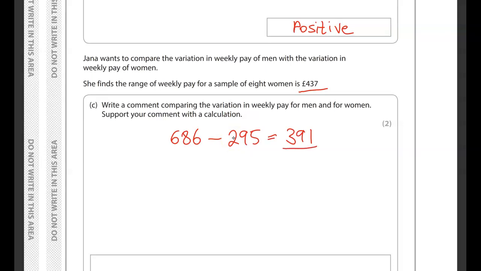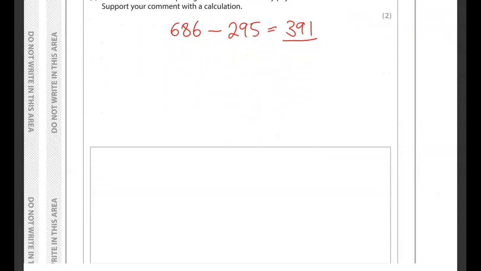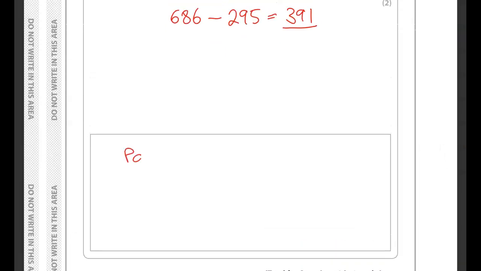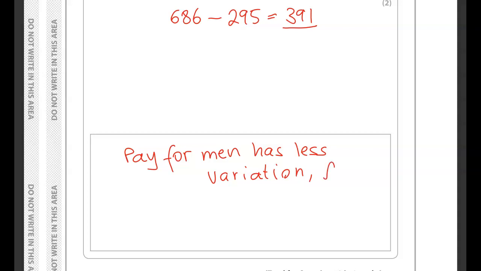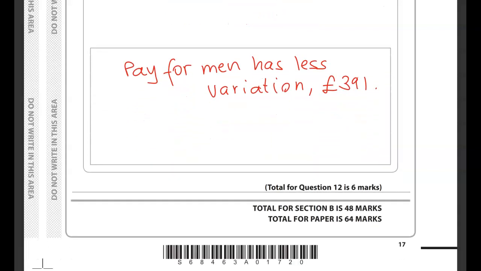So there is less variation for men. So we're going to say pay for men has less variation, £391. We could say is more consistent. And this is the end of the paper.